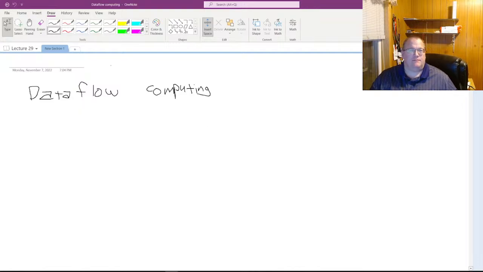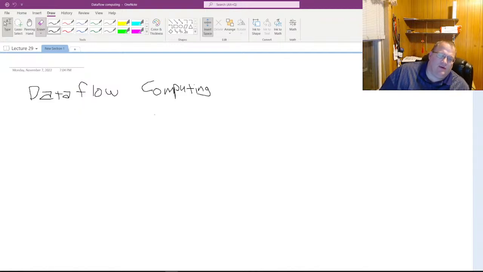The idea behind data flow computing is that in a von Neumann system, we're going to go through a decoding, and we go through different steps, where we look at the data and make a determination on what's going to happen.